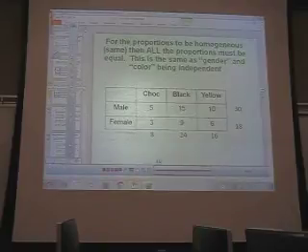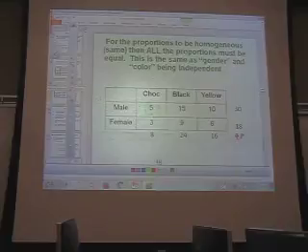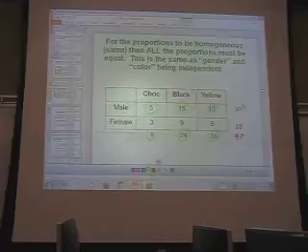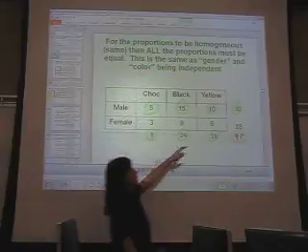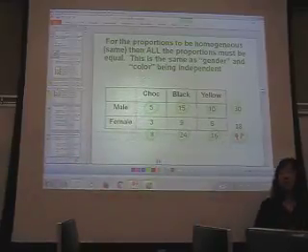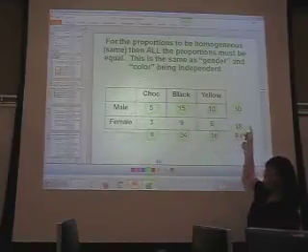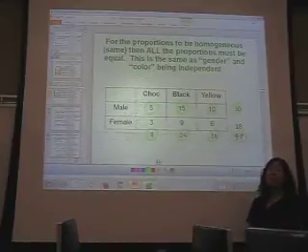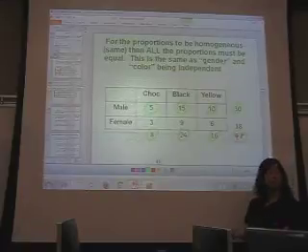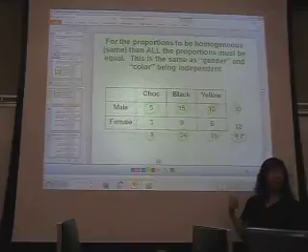So instead, what we're looking at is not just one of them, but all the proportions. So is this the same as that? And is that the same as this? And is that the same as that? So is 5/8 the same as 15/24, the same as 10/16, the same as 30/48, and they are. Right? So here, the proportions are homogeneous, the same, and they're also independent. Make sense? Because if the proportions are the same, they're independent. So it's the same thing.